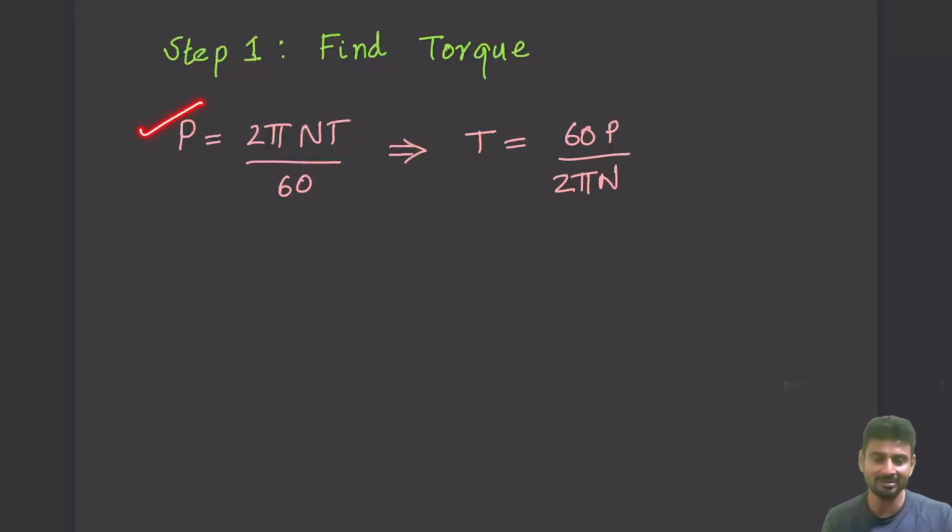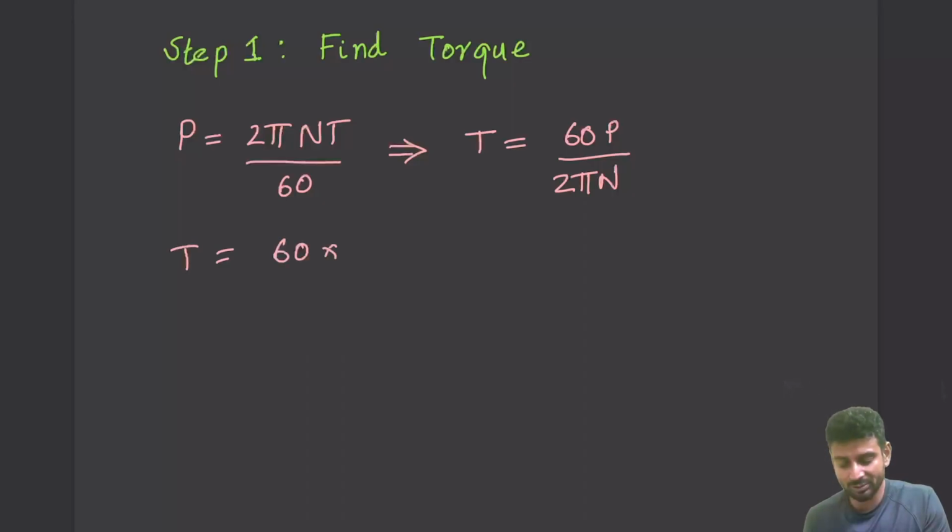We have to calculate the torque from this equation. So T equal to 60 P divided by 2 pi N. Let us calculate: T equal to 60 into 245 into 10 raised to 3 divided by 2 pi into the speed, which is 240.